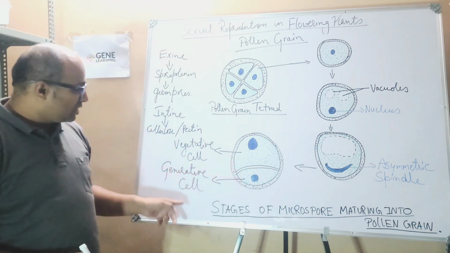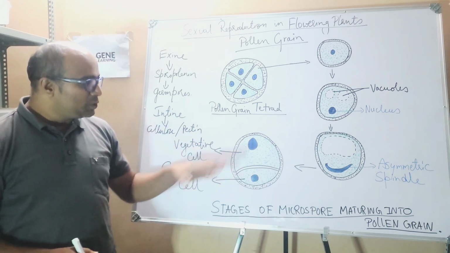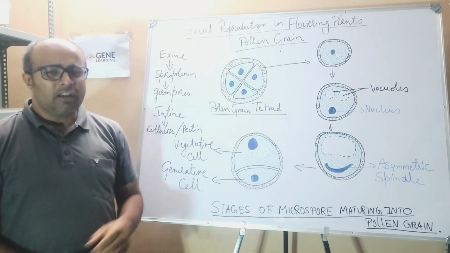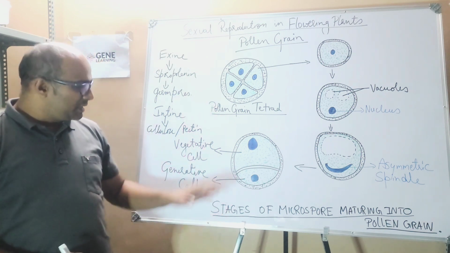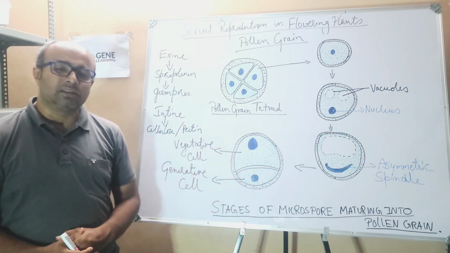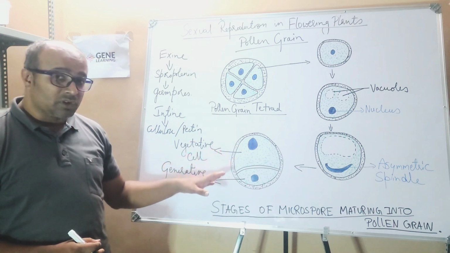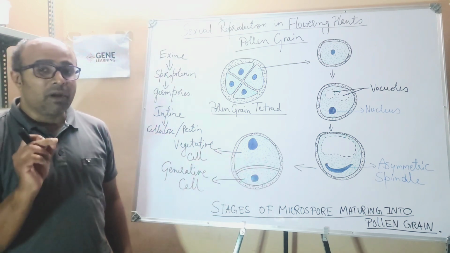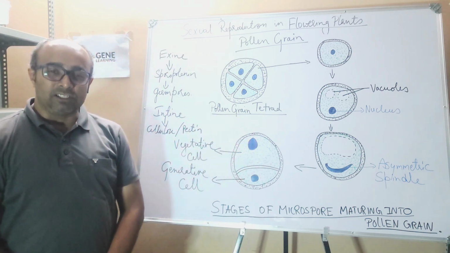The generative cell is small, spindle shaped, and usually seen floating inside the vegetative cell. Almost 60% of angiosperms shed their pollen grains at this two-cell stage, whereas other species shed the pollen grains when the generative cell divides mitotically to give rise to two male gametes.